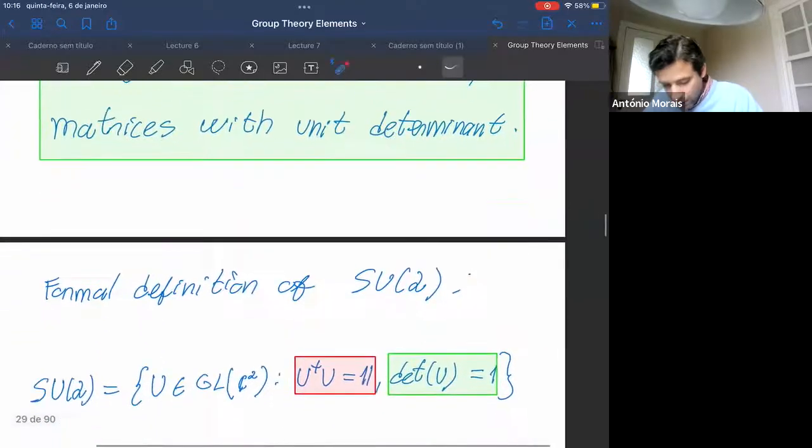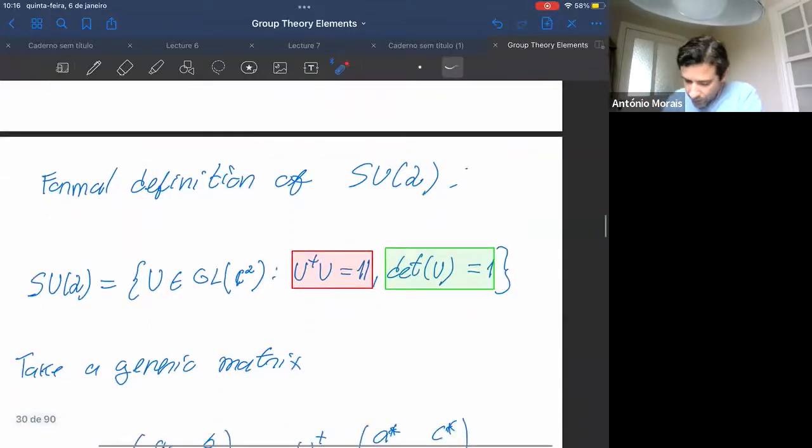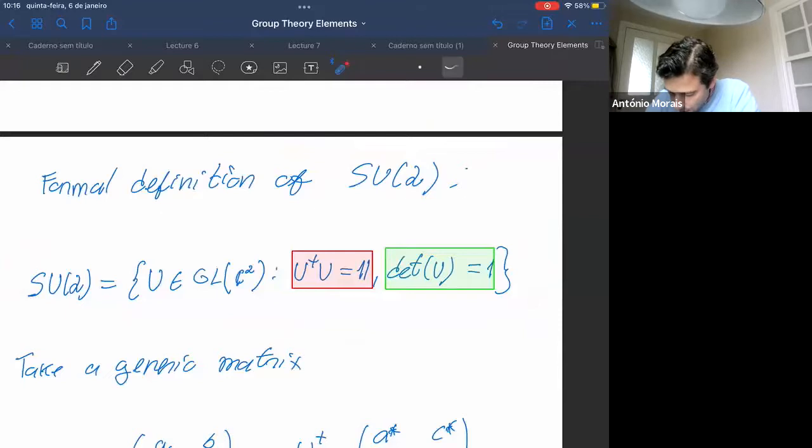And what is special about this? If it was a unitary group, this definition here would hold, but this condition would not necessarily be there. A special unitary group is unitary by definition, so the matrices that compose the group are unitary, but the determinant of these matrices is 1.